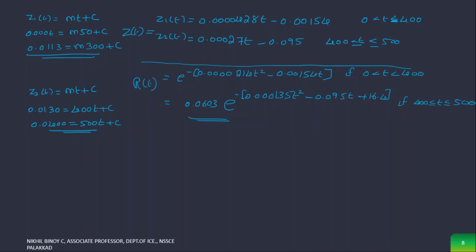So reliability, as per this equation, as per this linear approximation or linearly increasing hazard model, R of 325 is equal to 0.172021. As per this model, R of 325 is 0.1721.